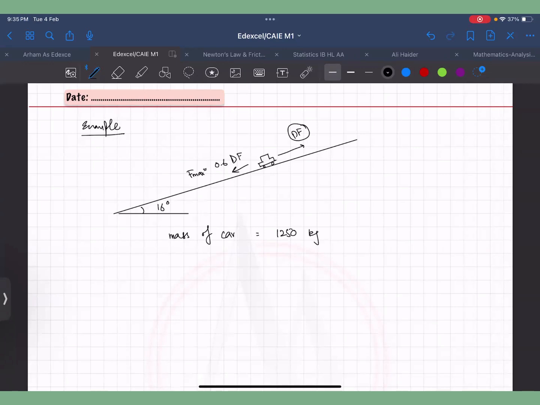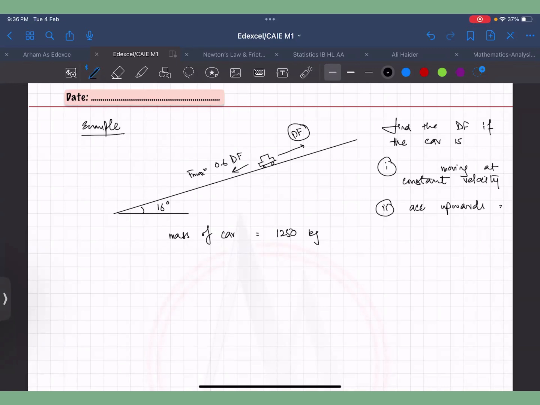They can ask you, find the driving force if the car is, for suppose the first part, at equilibrium, moving at constant velocity, or if it is accelerating upwards at 0.8 meter per second square.